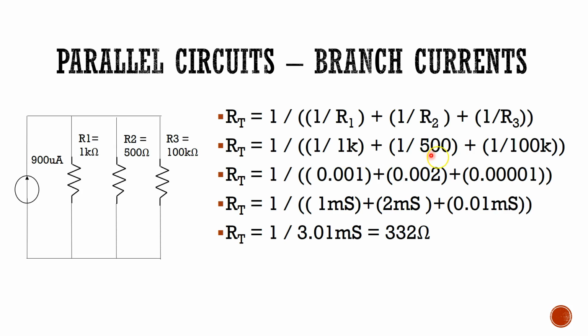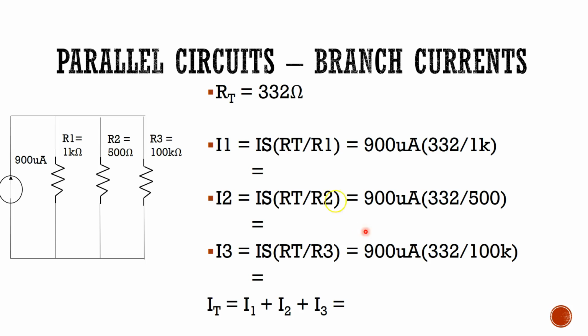So we have 1 over 1K. The only difference here is the 100 kilo ohm. That became 0.01 millisiemens, which changed it to 3.01 millisiemens here, which gave me 332 ohms. Once we know the total resistance, then we can take that total resistance and begin to solve for each branch current.